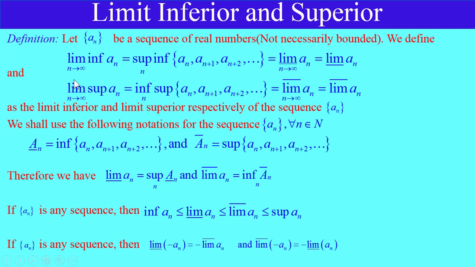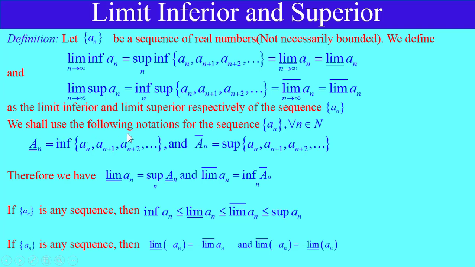We define limit inferior as limit as n tends to infinity of the infimum of an, an plus 1, an plus 2 up to infinity, which is also denoted by lower limit bar an. And limit superior as limit as n tends to infinity of the supremum of an, an plus 1, an plus 2 up to infinity, denoted by upper limit bar an, as the limit inferior and limit superior respectively of the sequence an.